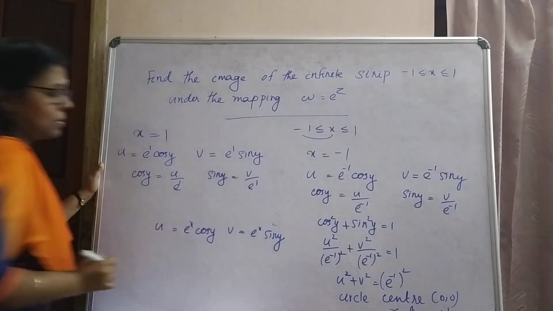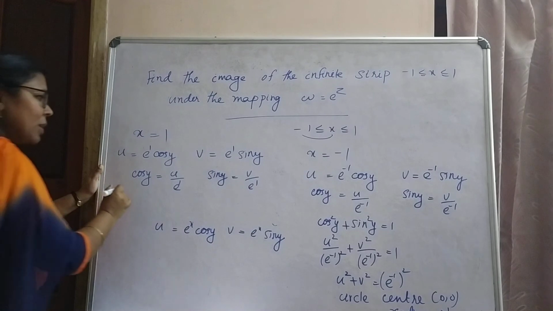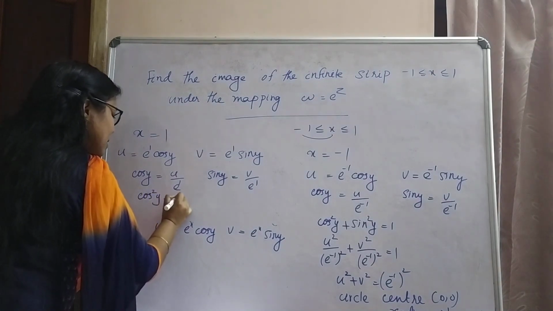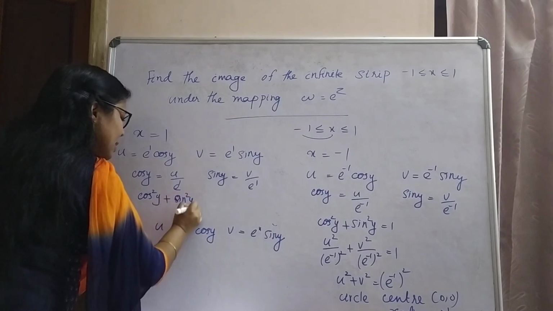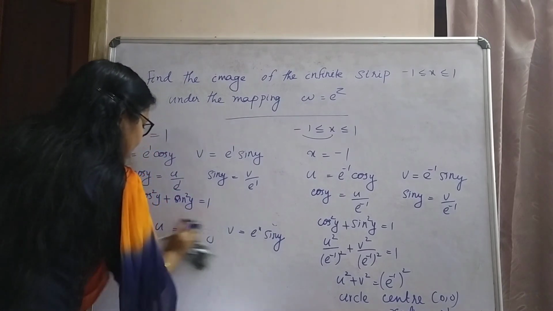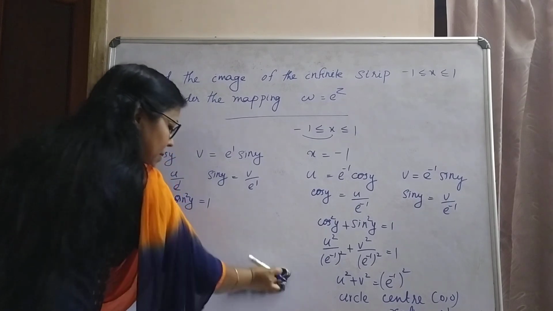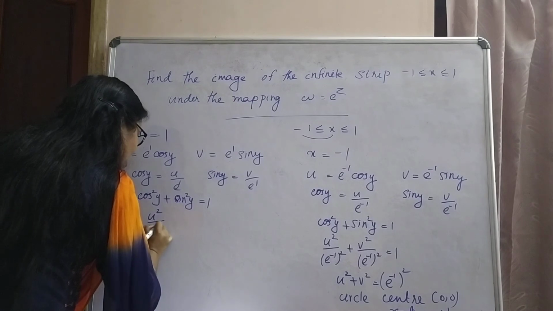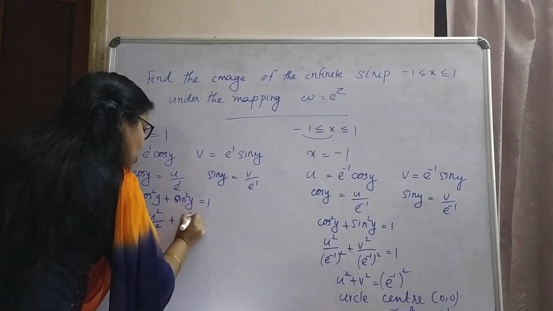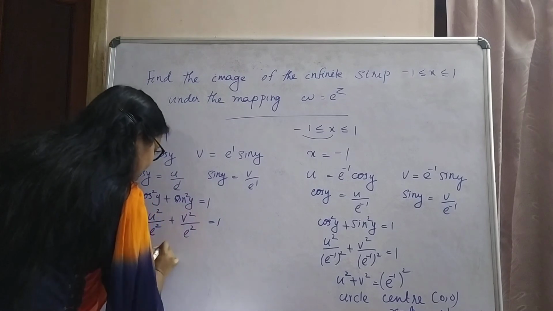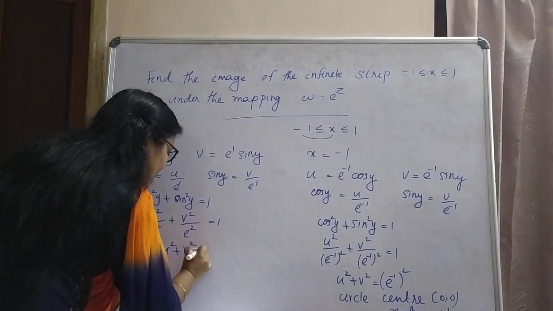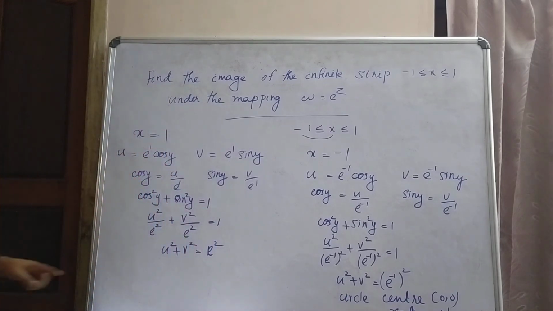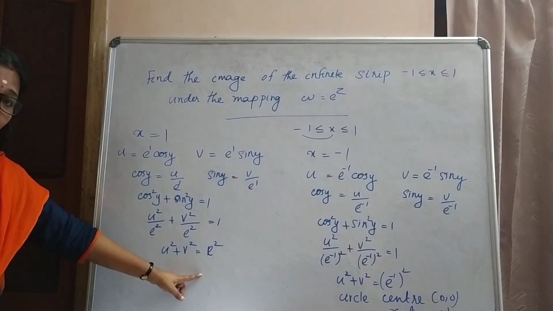We know that cos square y plus sin square y equal to 1. Here it is u square by e square plus v square by e square equal to 1, which is u square plus v square equal to e square, which is also a circle.